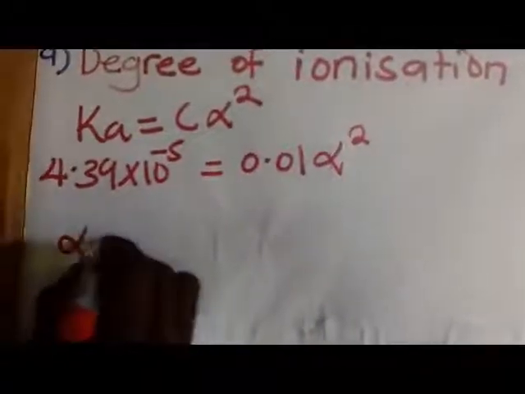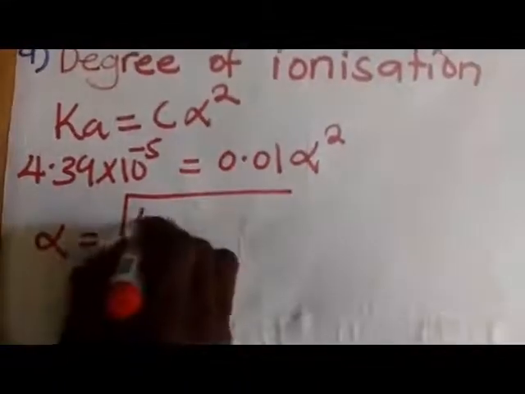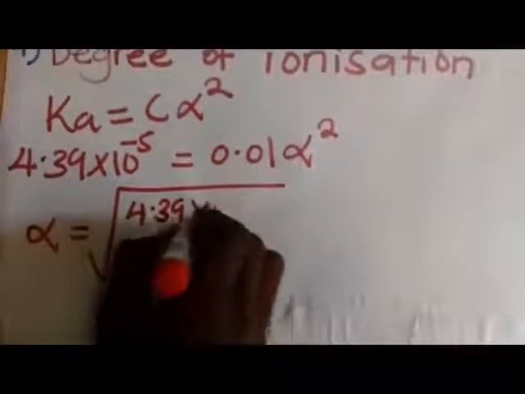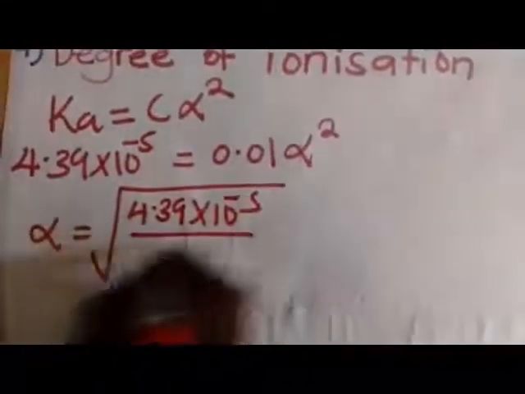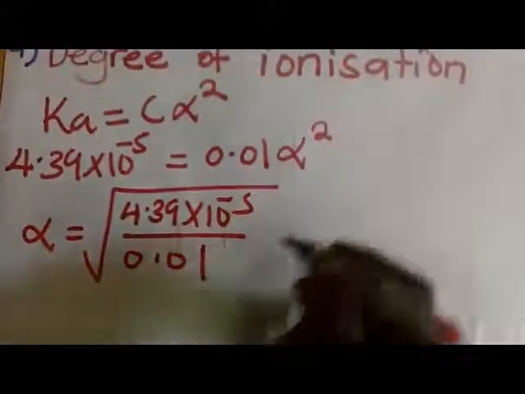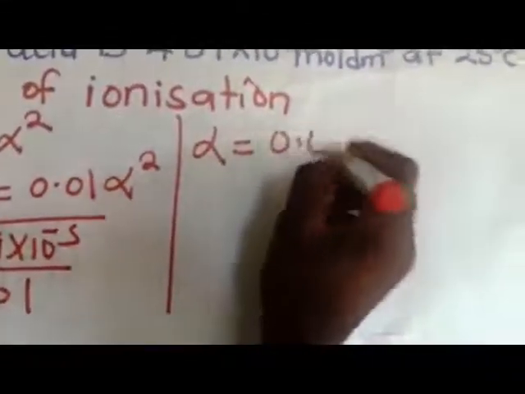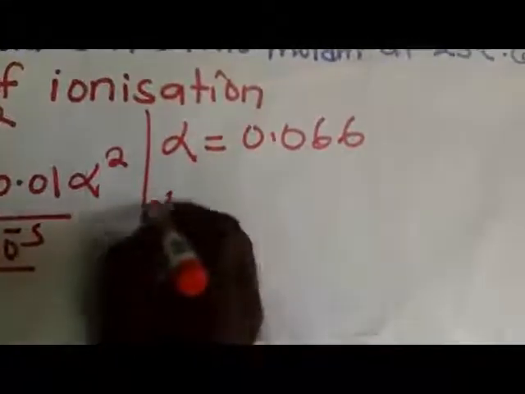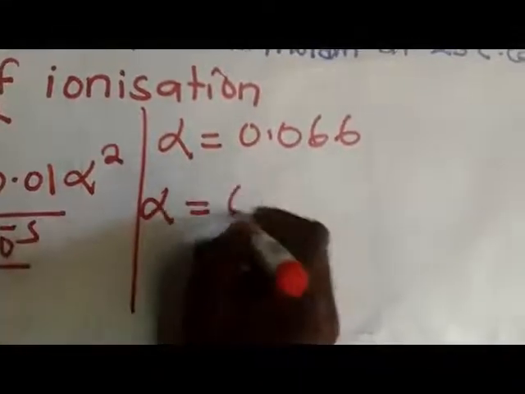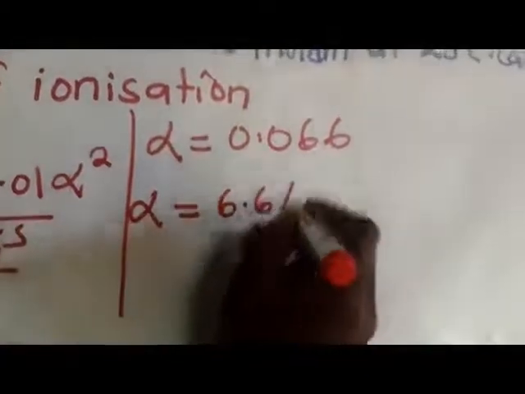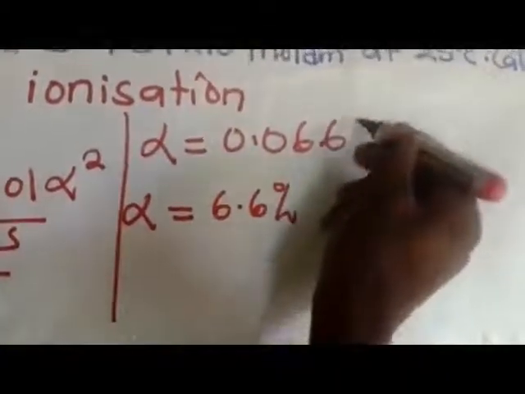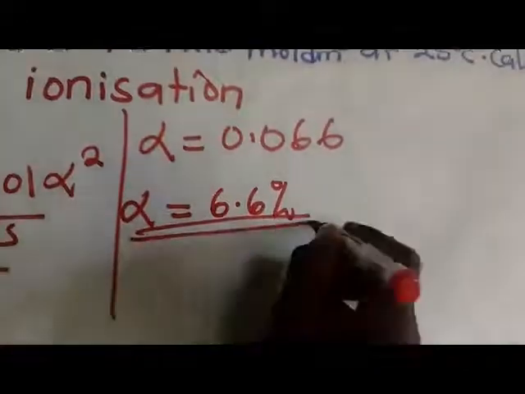So our alpha equals the square root of 4.39 exponent negative 5 out of 0.1. So our alpha equals 0.066, but we can represent this alpha in form of percentage, which is 6.6%. You just multiply this with 100. So this is our alpha.